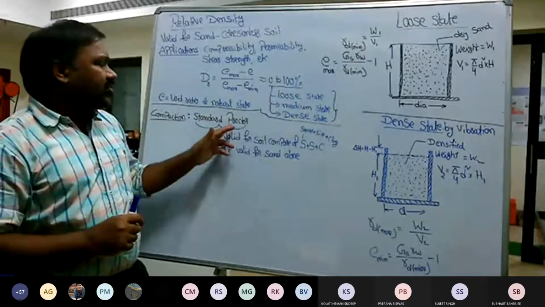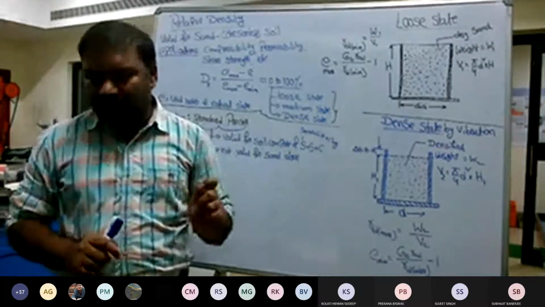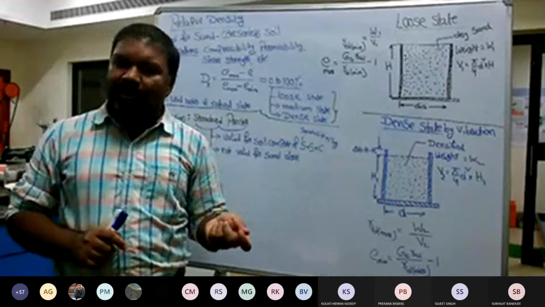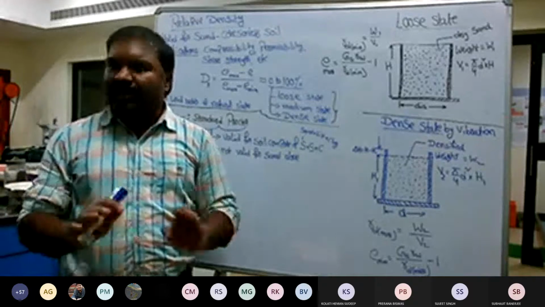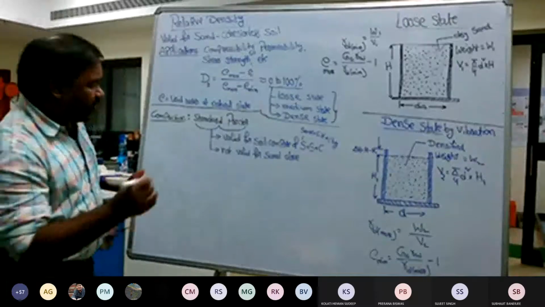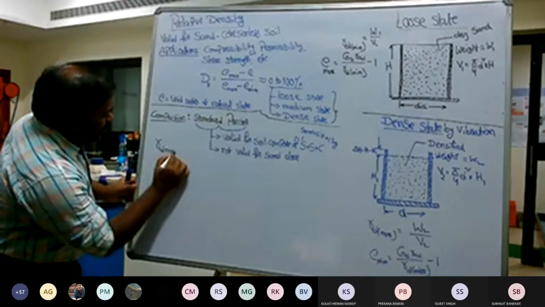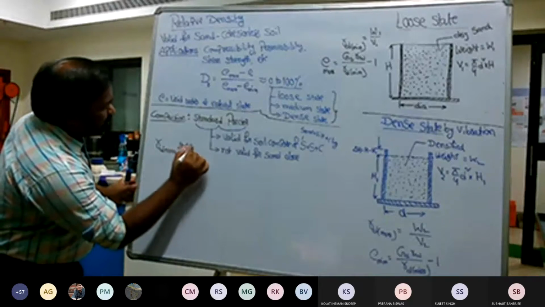Okay, while in case of the standard Proctor, we have not given any kind of classification system that it is loosely compacted or densely compacted. It is compacted, but the compaction parameters are measured in the form of gamma D max and OMC.